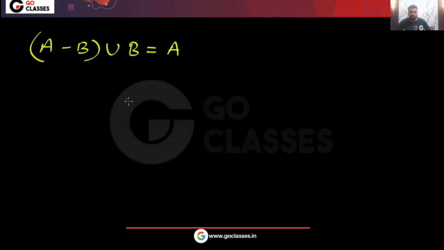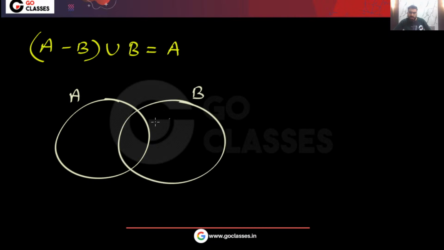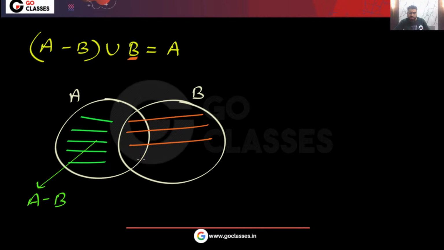Then what must happen? See, very simple point. This is your A, this is your B, and you are saying that A minus B union B is equal to A. Notice one thing. This is A minus B, right? And union B. This is B, right?